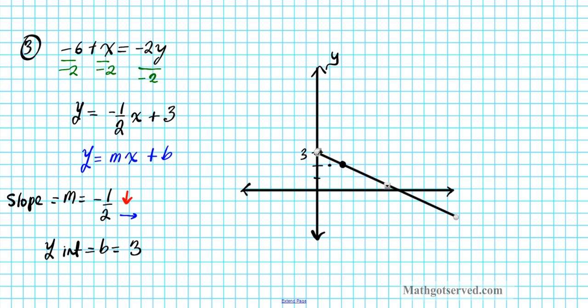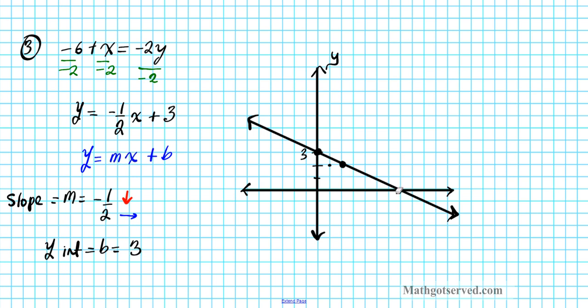Let's go ahead and extend it a little bit. Okay, so if you're given a line that's neither slope-intercept or standard form, always convert it to slope-intercept form because it's easier to graph it, okay?